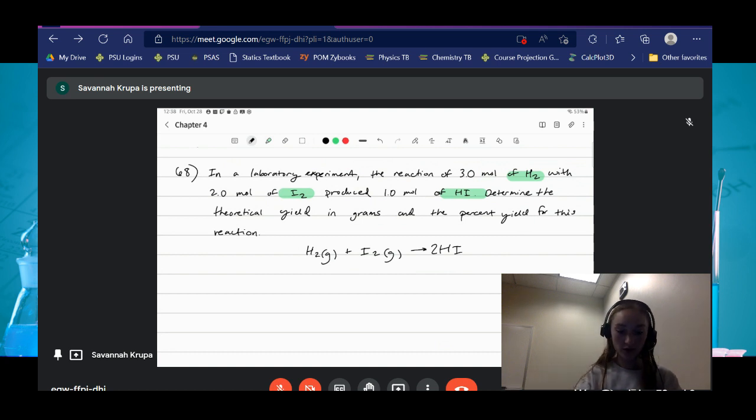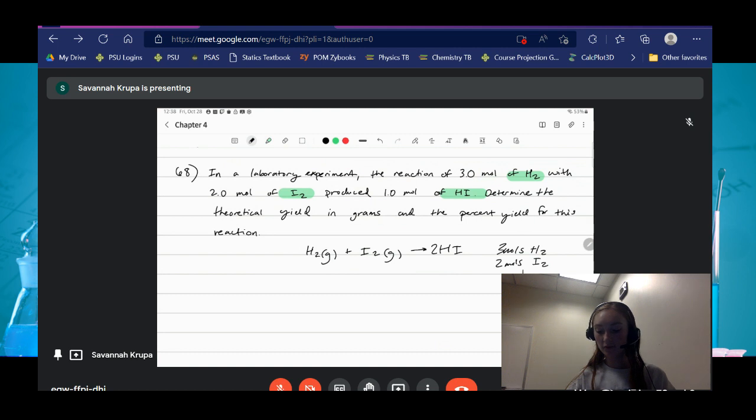So we're going to start with what we have. So we know that we have 3 moles of H2 and we have 2 moles of I2. And so we want to know how many moles are produced of HI.